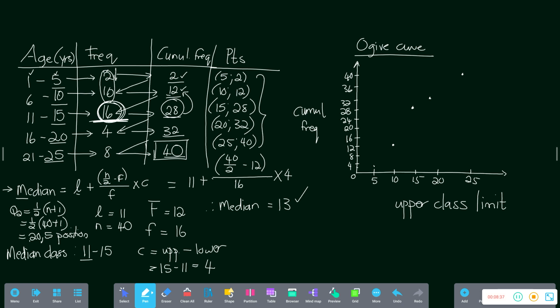Okay, so remember this is a curve. So when we join the points, you do it freehand. It shouldn't look like that. It should look like a curve. So we start from the origin and then we just join the points.